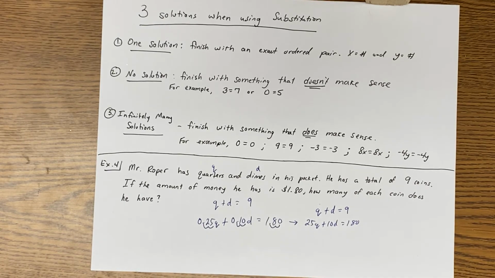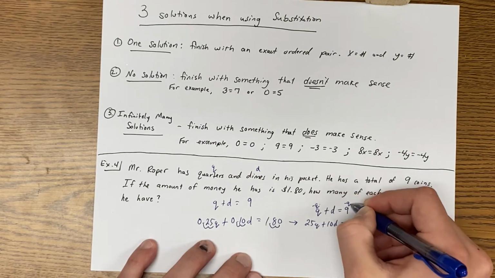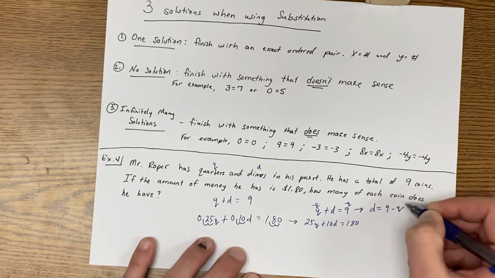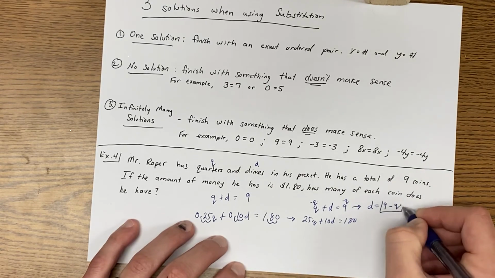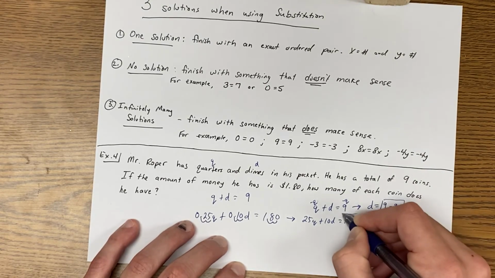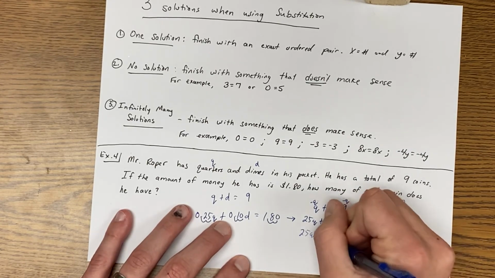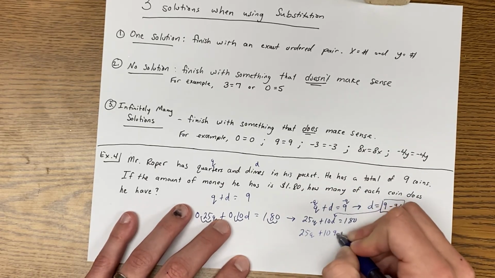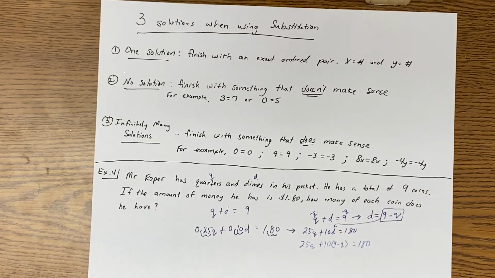So my first equation is going to be a whole lot easier to solve, and I'm going to solve for D. Okay, so I'm going to subtract Q from both sides. So this equation is D equals 9 minus Q, or negative Q plus 9, either way. So this is my expression that I'm going to plug in right there. Okay, so I get 25Q plus 10 times 9 minus Q equals 180.